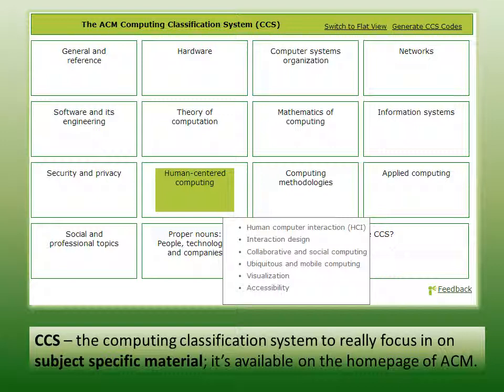Within that section, you have things that are HCI, interactive design, collaborative and social computing, ubiquitous and mobile computing, visualization, and accessibility. So from there, you can keep further digging. Within CCS, it's a deep focus on subject-specific material, and it's available right from the homepage of ACM. A great tool.